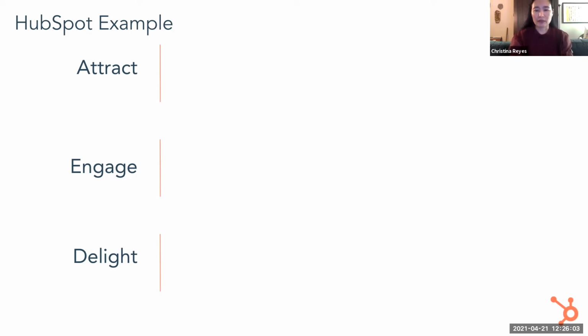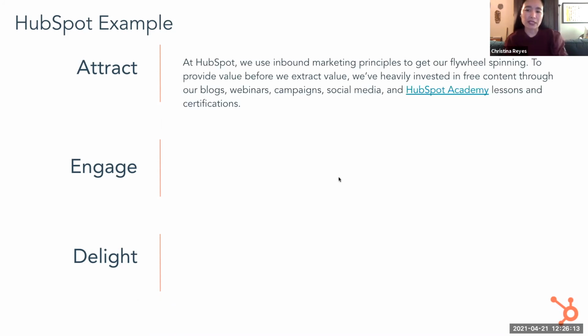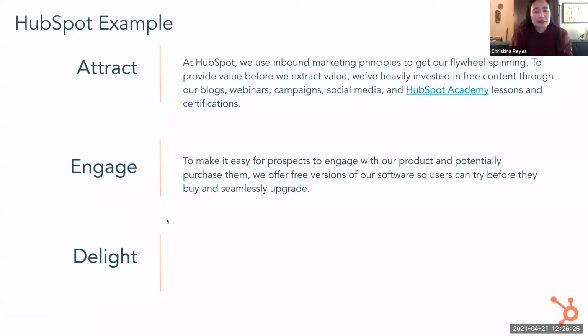So with HubSpot in the attract stage, the way that they attract people is to offer free content. We know they have a lot of great free content, and this really propels people into learning more about HubSpot. In the engage stage, they offer freemiums.